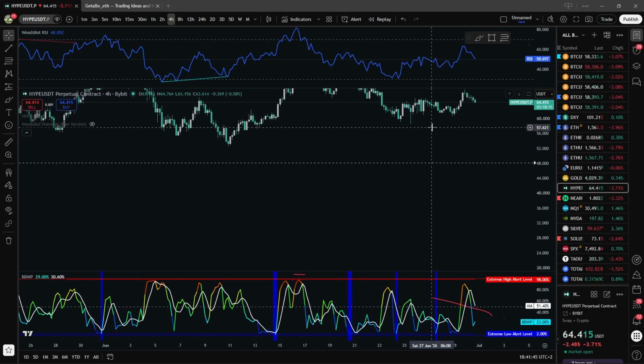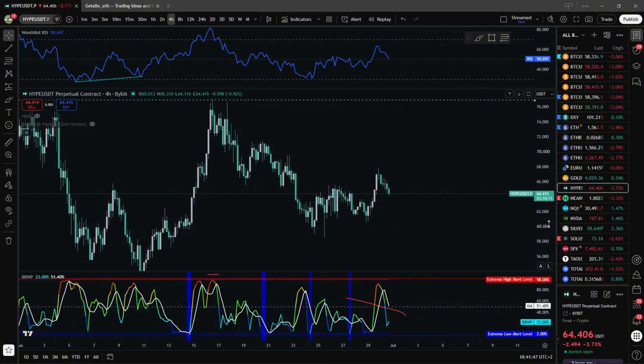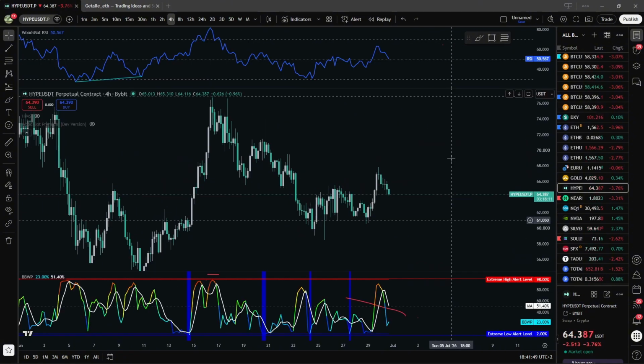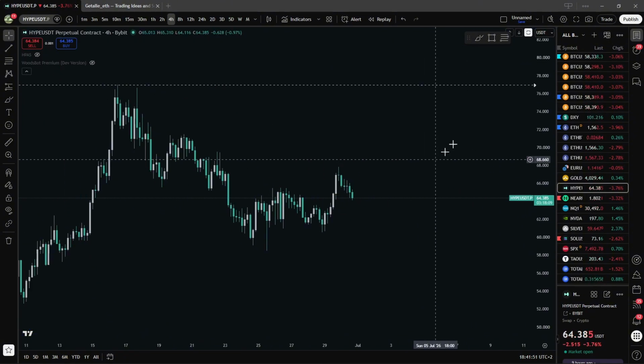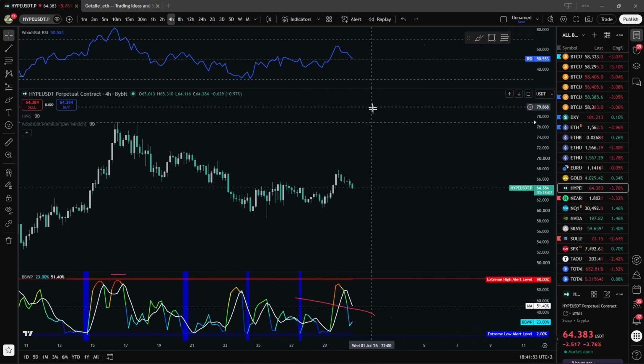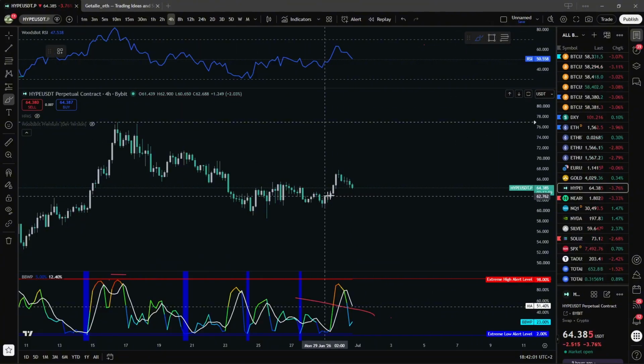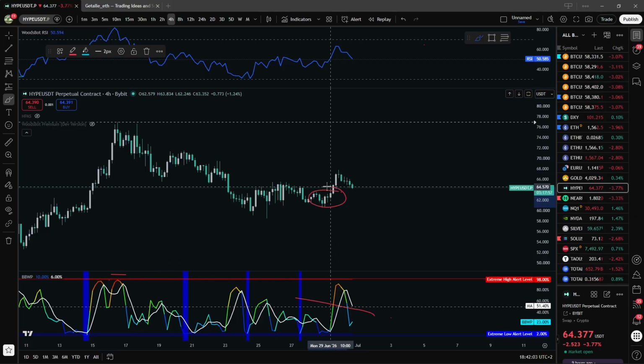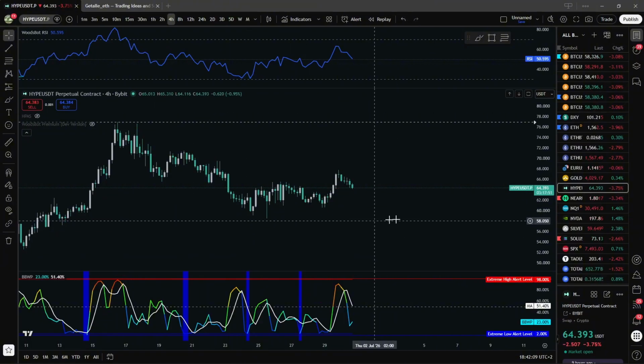How's the 4-hour looking? Yeah, pretty much the same thing. It accepted back above the 50 mark. This is really good. It's now pulling back a bit. We have a nice area of demand right there. So let me see if it aligns with Fibonacci as well.